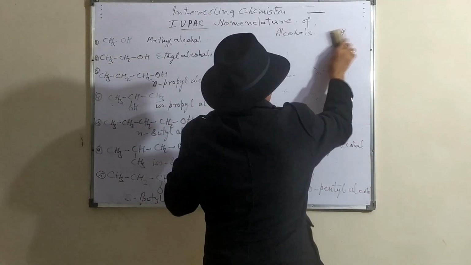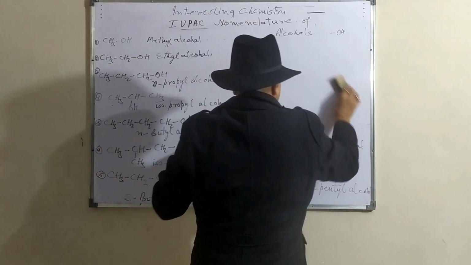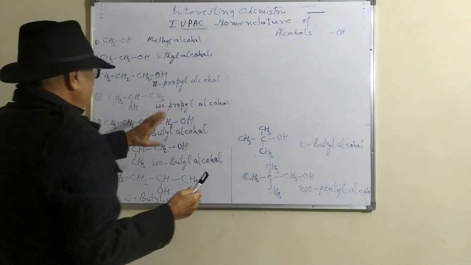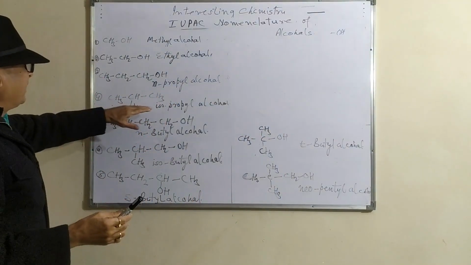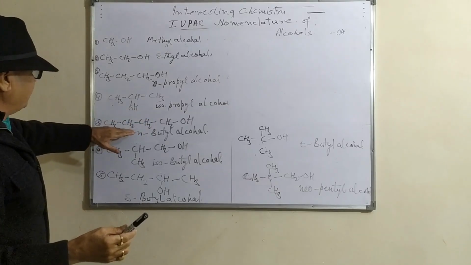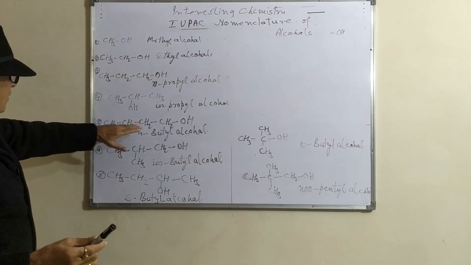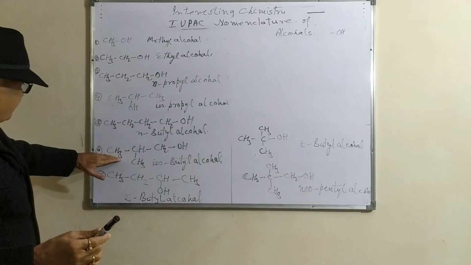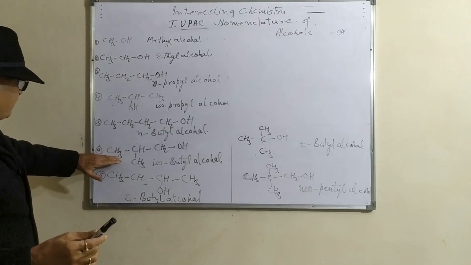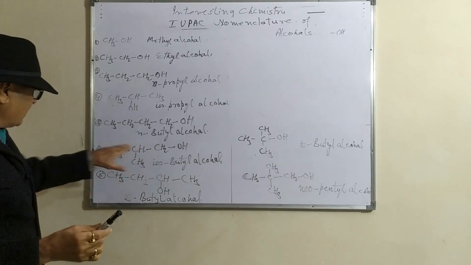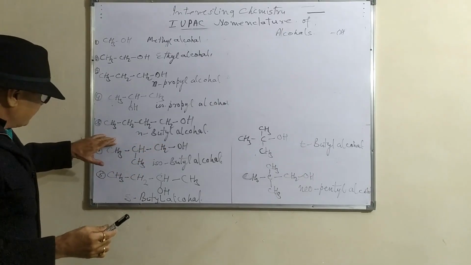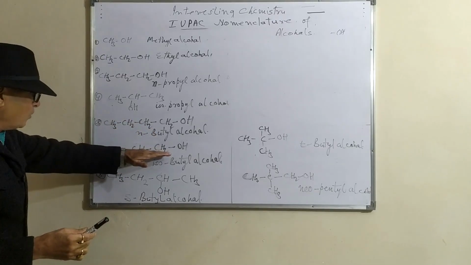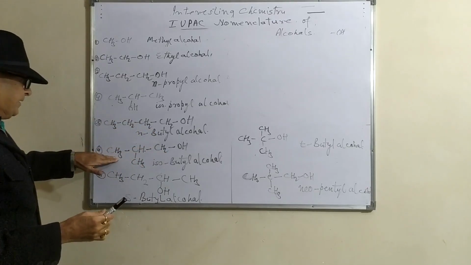Now, how will you write the names of these compounds? Come to this isopropyl, the fifth portion. So this is 1-butanol. Now the name of this compound: it has four carbon atoms, but in the longest chain there are three carbon atoms.